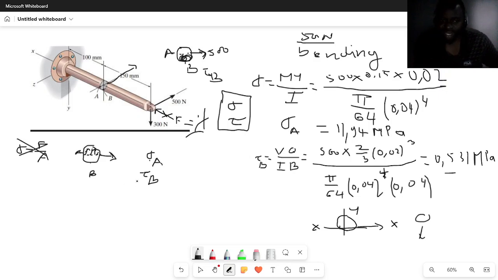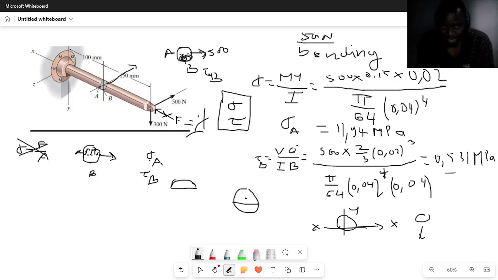Is that one fine? Now with representation, let's see what's happening for the shear. Because this force has an effect at B, our representation of the shear will be a small circle. It's not even a full circle. Remember, we are working with centroids. It is a half circle, and because we are studying a half circle, the centroid of a half circle is 4r over 3 pi.